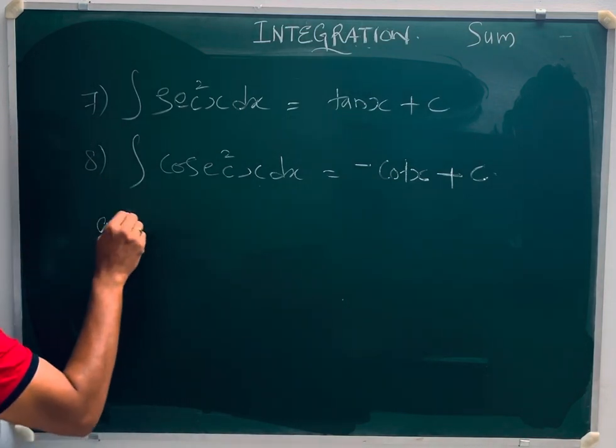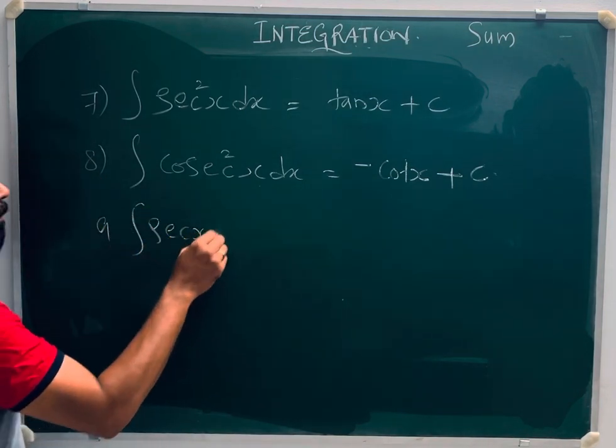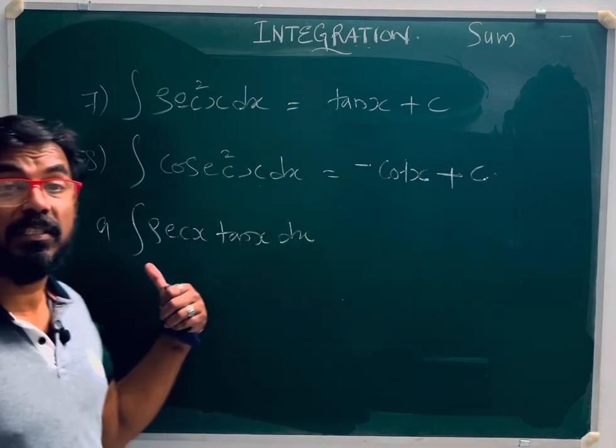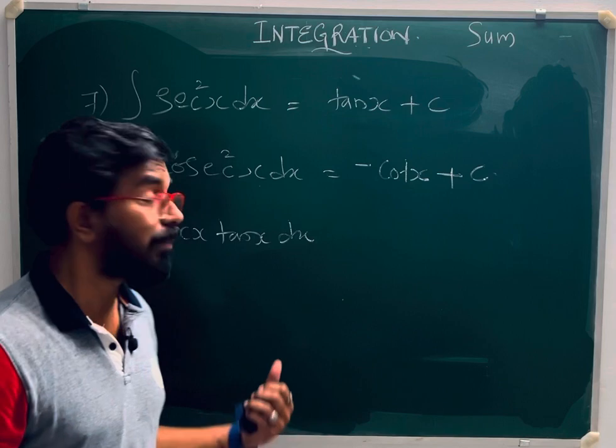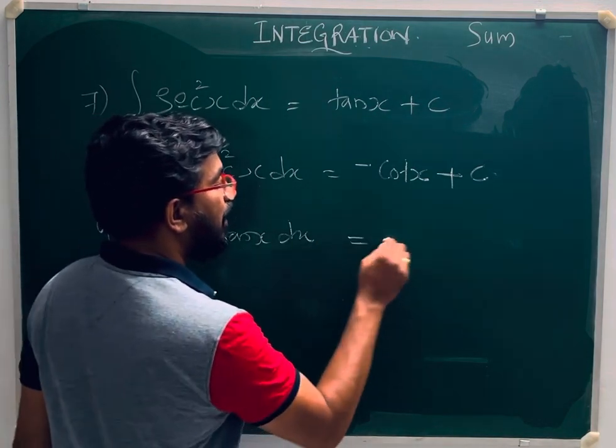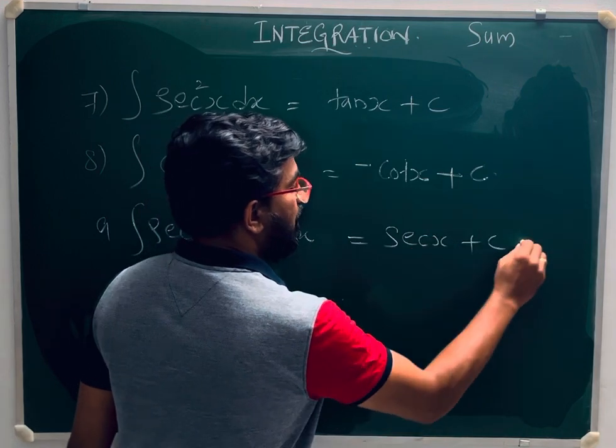And 9th one, integral sec x tan x. You may remember, those who know the differentiation formula, this will be easy. You have to think it backward. What when I differentiate, what I get? This sec x tan x, that is sec x plus c.